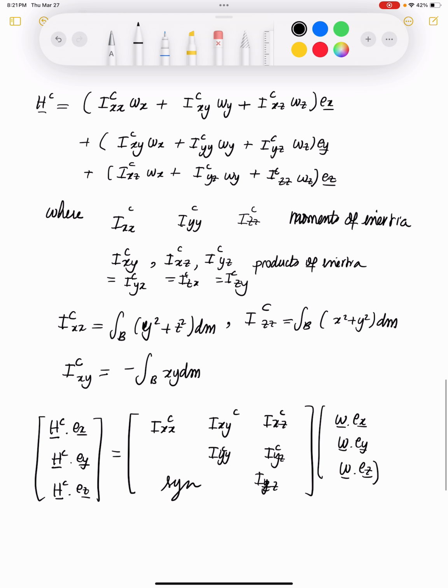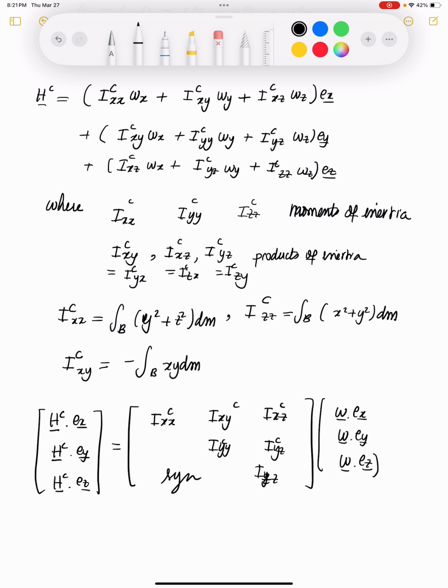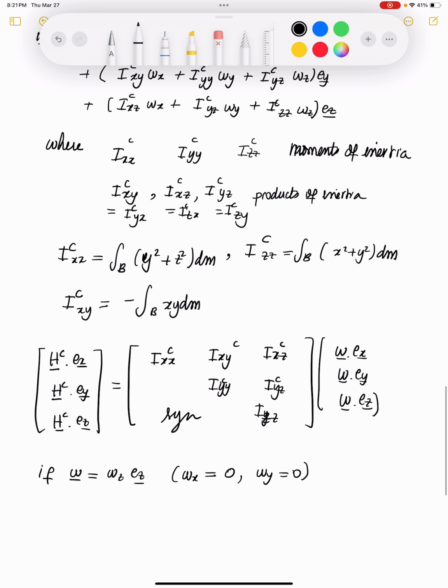And of course, in this class, if omega is just omega z ez, so omega x is equal to 0 and omega y is equal to 0, then hc is gonna simplify.